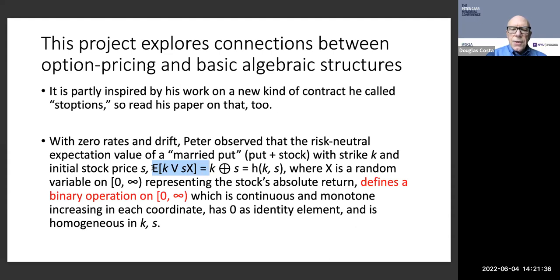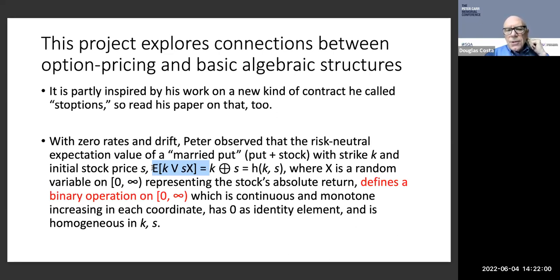So here S is the current stock price, X is the absolute or gross return on the stock, that we're going to define to be a binary operation on the numbers K and S, in this case, the positive real numbers K and S. And I want to think of it as a function H of K and S, a bivariate function.